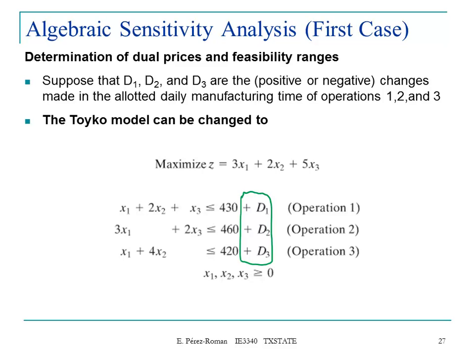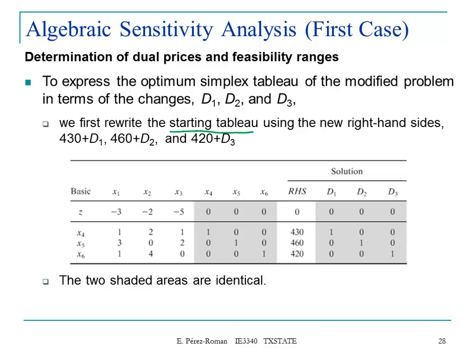Okay, so that's what we did. We added those 3 variables, 1 per constraint, and then we use simplex tableau to find the values of those coefficients.